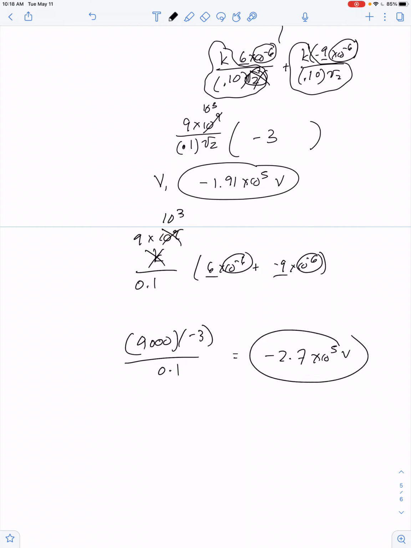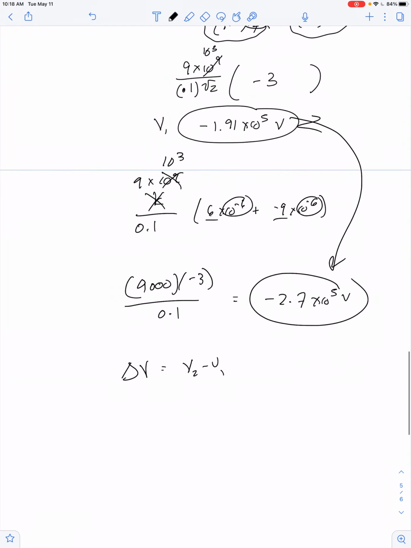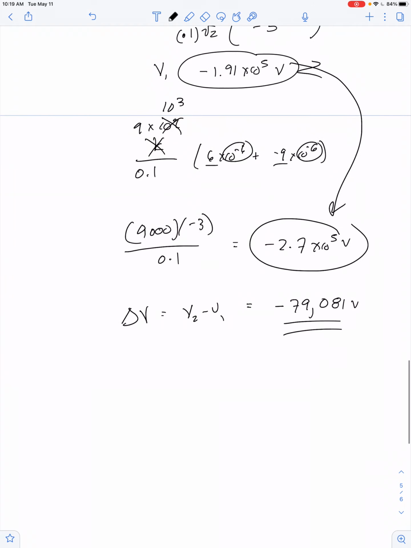So the difference between these two values, delta V, is equal to V2 minus V1, which gives us a value of negative 79,081 volts. So the work is equal to Q times delta V. We have a negative charge being moved through a negative difference in electric potential.